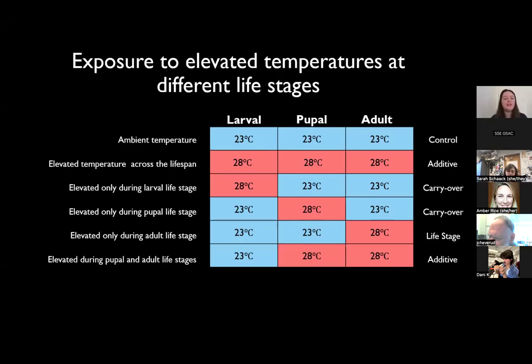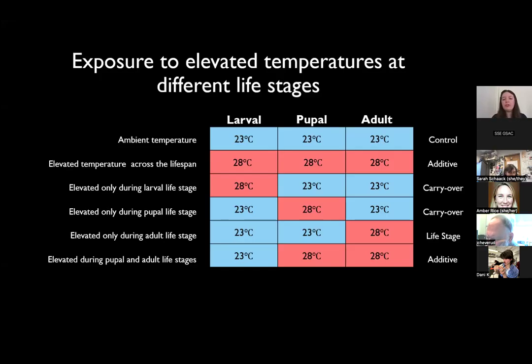Only 5 degrees Celsius. But in the grand scheme of things, that 5-degree increase is predicted to occur by the end of the century. So by 2100, the global temperature should increase by 5 degrees Celsius. That's the reasoning for our 23 being ambient and our 28 being our heated treatment, and that will be consistent throughout the entirety of my talk. It's always those two temperatures.